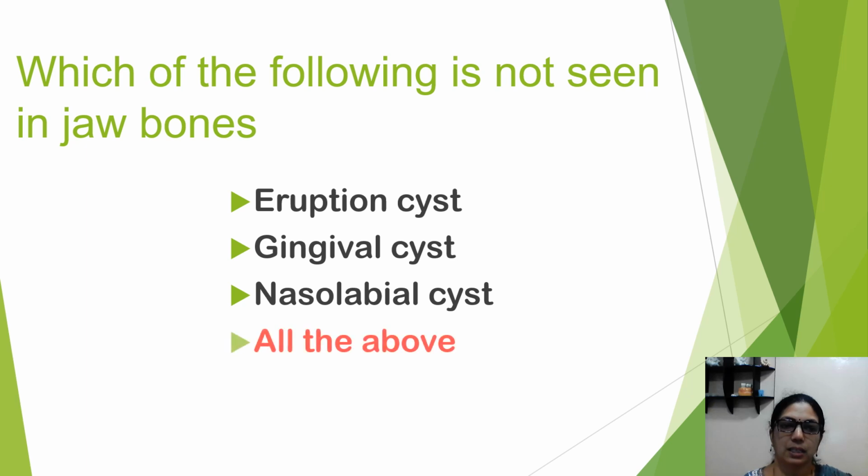The correct answer is all of these, because all these cysts are soft tissue cysts. The eruption cyst is seen before the tooth erupts, within the gingiva, within the alveolar mucosa of the arch. The gingival cyst is seen in the gingiva, and the nasolabial cyst is seen in the mucolabial fold of the maxilla region in the center. So these are not in the bone, they are soft tissue cysts.